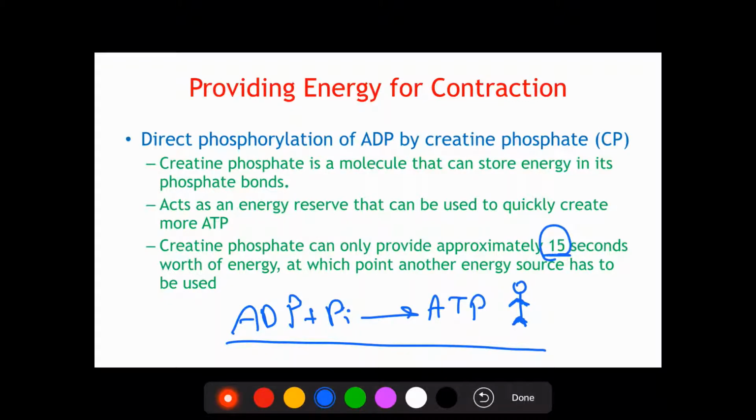Muscles are going to use the creatine phosphate to produce ATP very quickly. But after 15 seconds of running, the muscles need to switch to a more efficient way of producing energy, because after 15 seconds this enzyme will be consumed, the creatine phosphate will be consumed, and there is no more way of producing energy.